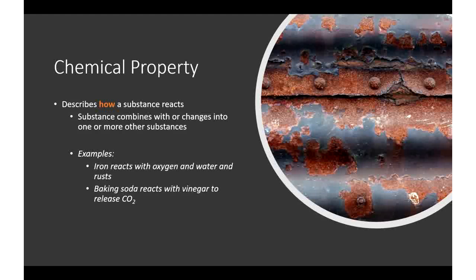It is a chemical property of these two substances put together. When a substance is flammable, we say that that's a chemical property. When it can react with acid, when it is inert, when it doesn't react. Okay, so these are ways to describe how a substance reacts, the ability of a substance to react.